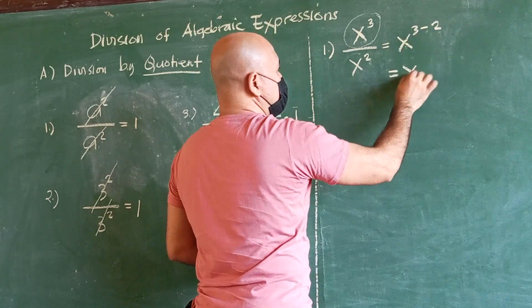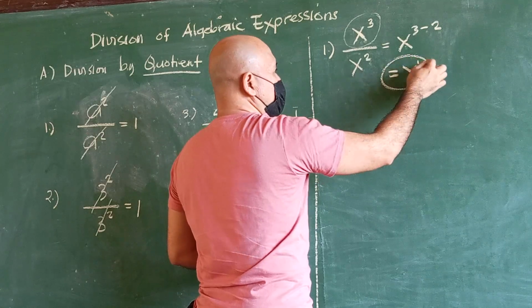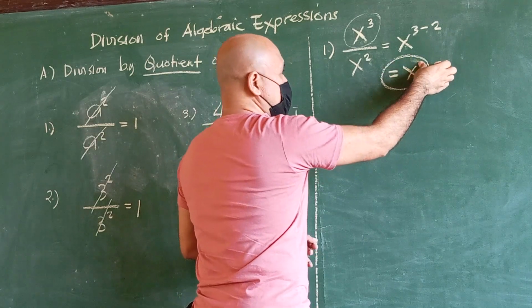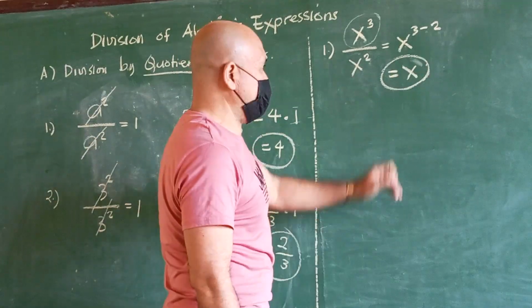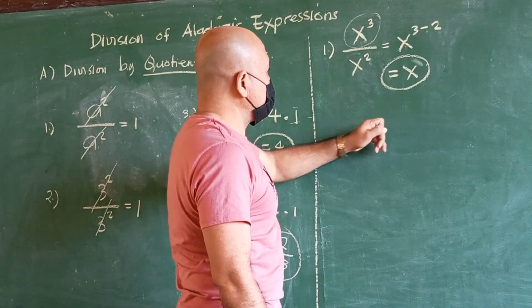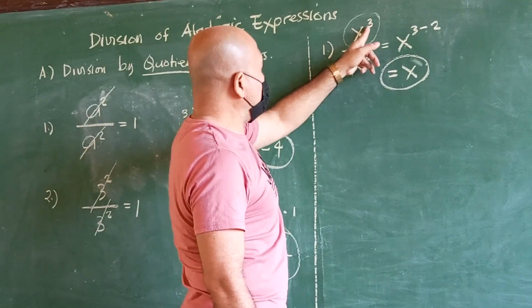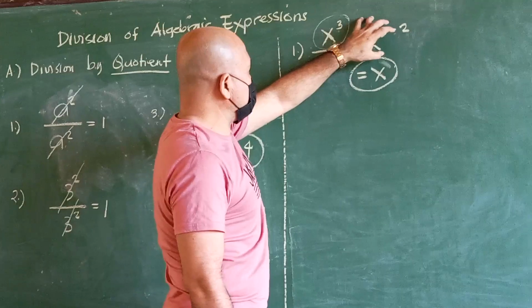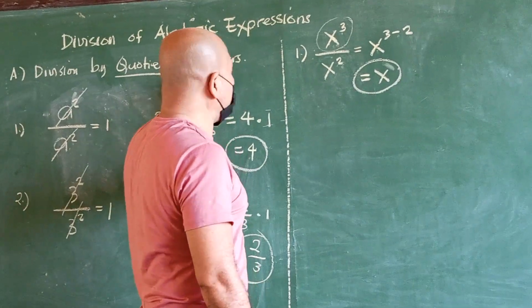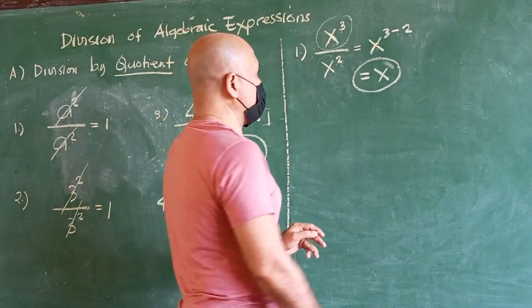The answer is x raised to the power of 1, or simply, when the exponent is positive 1, just remove it, because it is always there even if it is not written. So x cubed divided by x squared, using the quotient of powers, gives the answer x.